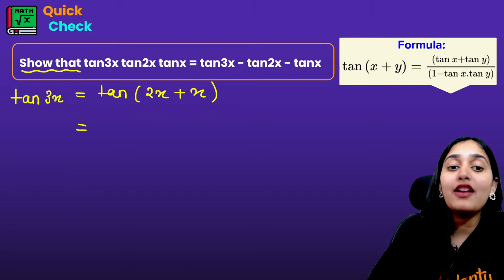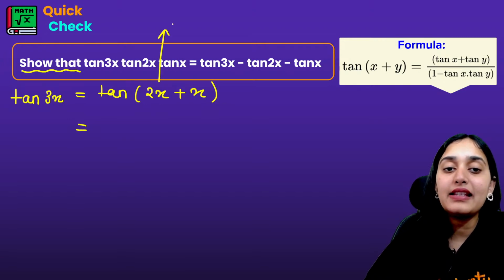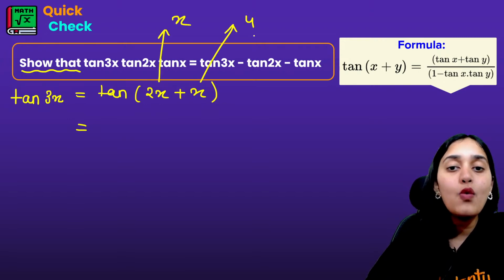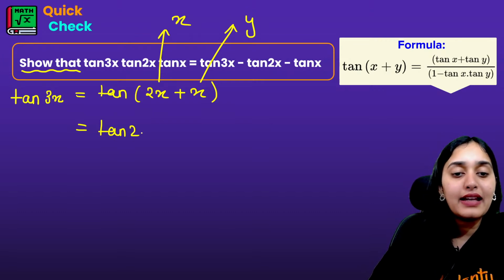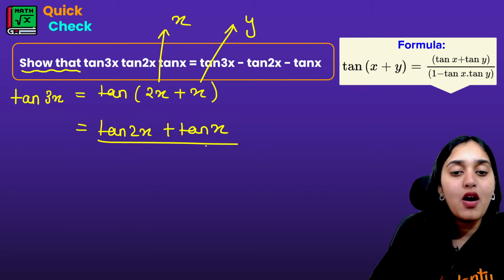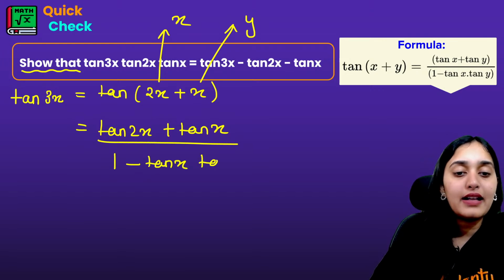Now what is tan(x + y)? This is x, this is y. Tan(x + y) is (tan x plus tan y) upon (1 minus tan x tan y).